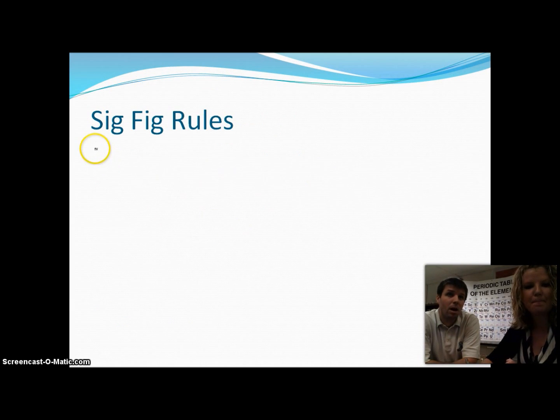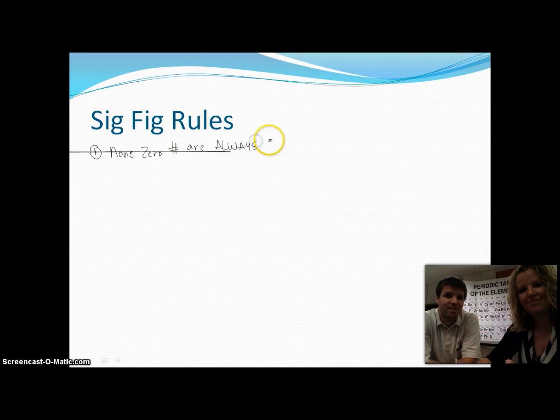Our first rule is that non-zero numbers are always significant. Non-zero numbers are always significant. What does that mean exactly? Non-zero numbers: any number from 1 through 9 that we have.